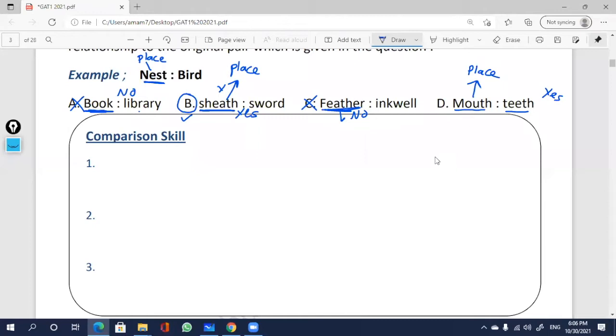Nora said because the teeth are in the mouth, just like a bird. No, no, Nora, no. Mus'ad Mtiri, can you explain? You can open the mic. Because the sword is where it rests in.